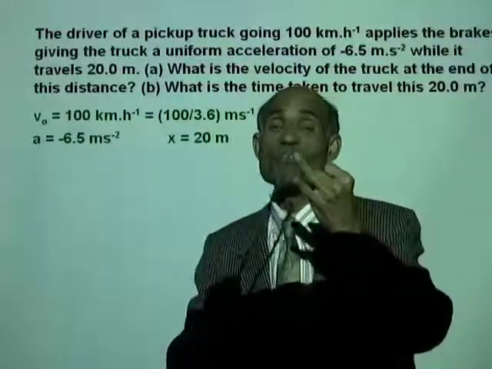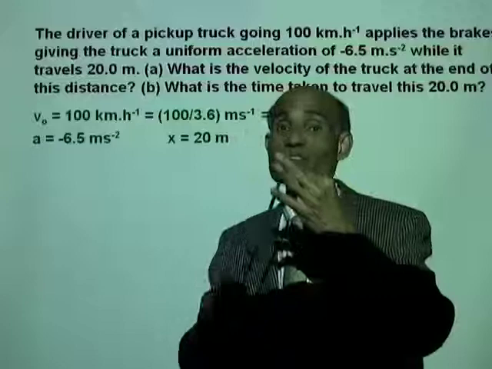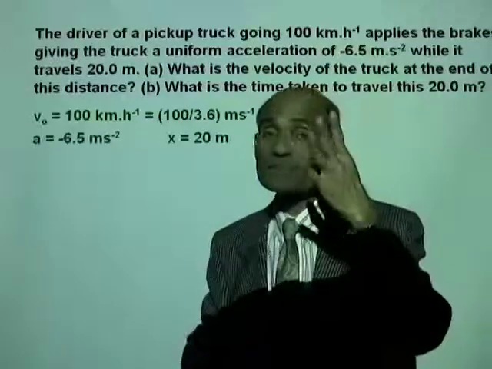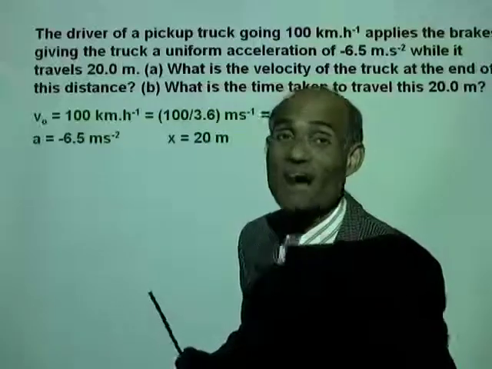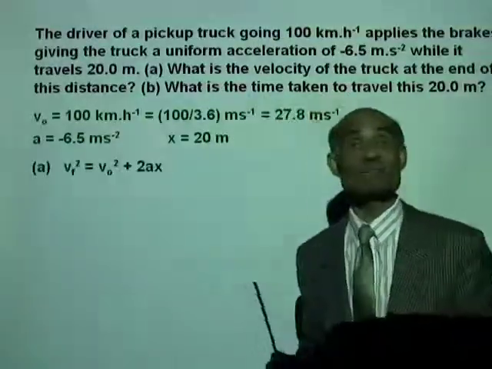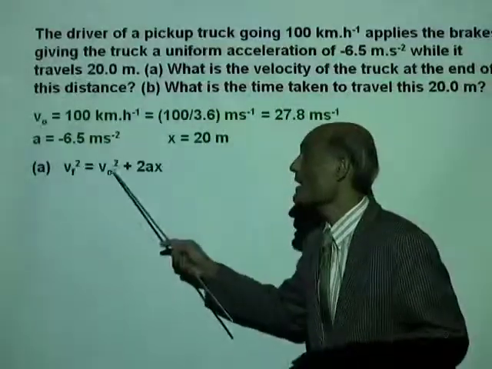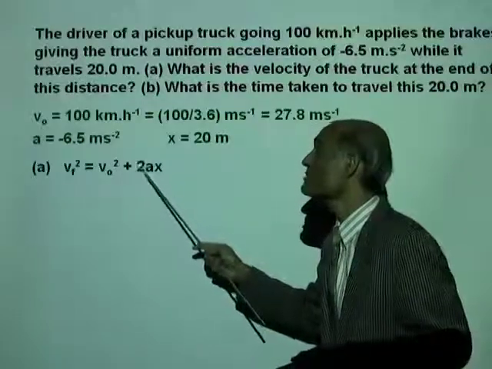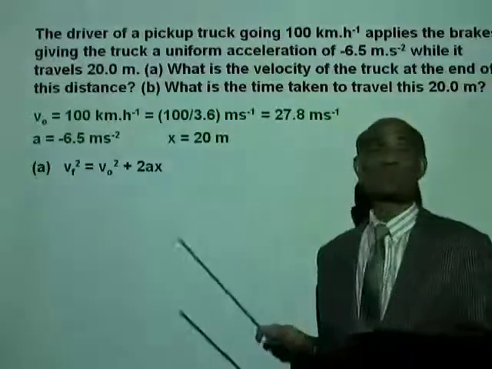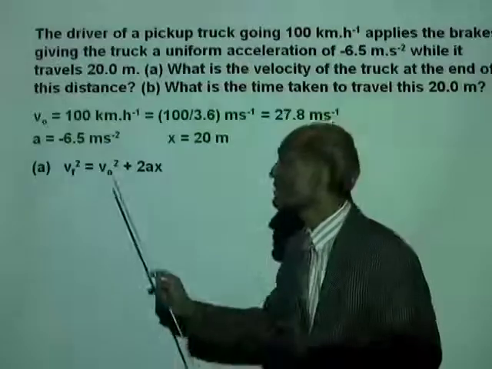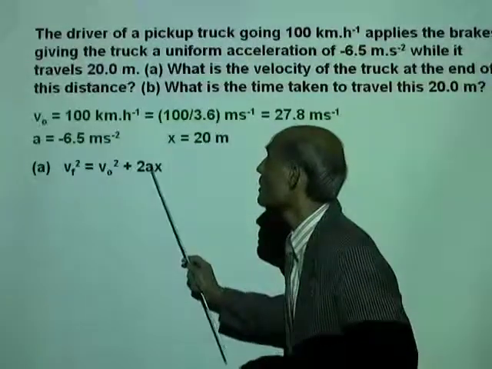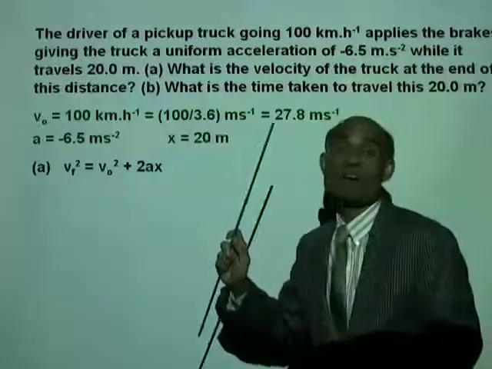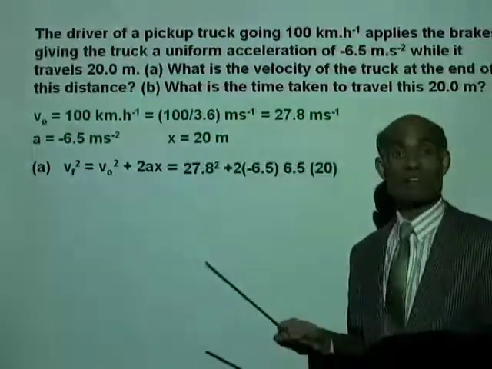Initial velocity, final velocity, acceleration, displacement. In other words, the equation that does not contain time is the third equation. Vf squared equals V0 squared plus 2ax. Well, we need to find the Vf. We know V0, we know a, we know x. So use all those values.